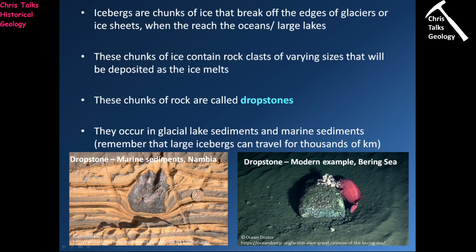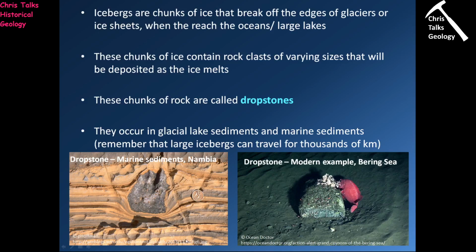This is a very low energy environment. You should not be able to get clasts this size in this particular setting. The reason, of course, it's there is because we've had an iceberg come through. The ice has melted, releasing this cobble sized clast and these gravel sized clasts, and then they've dropped straight onto the seafloor. These are referred to as dropstones.